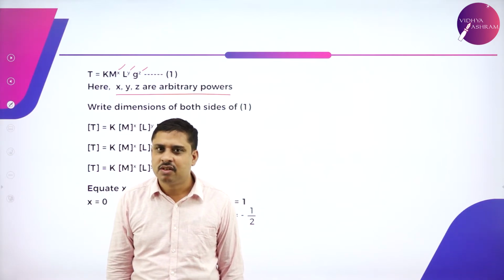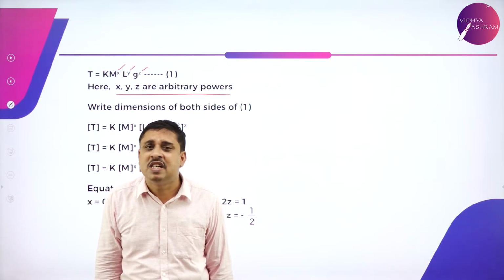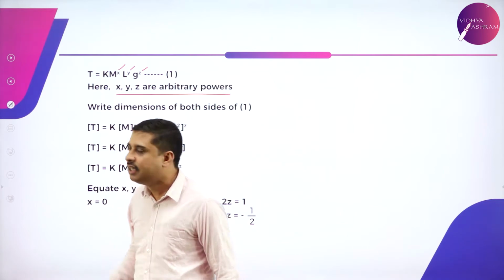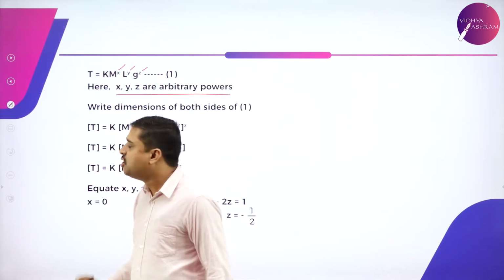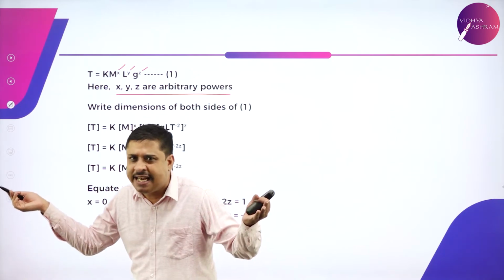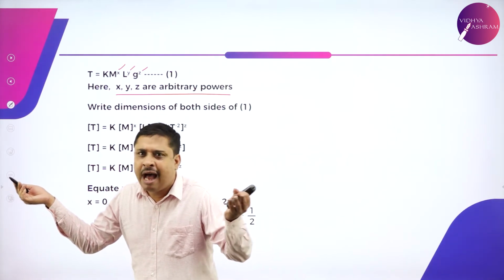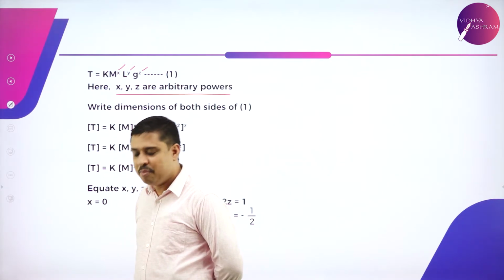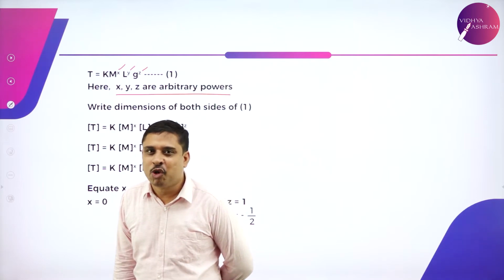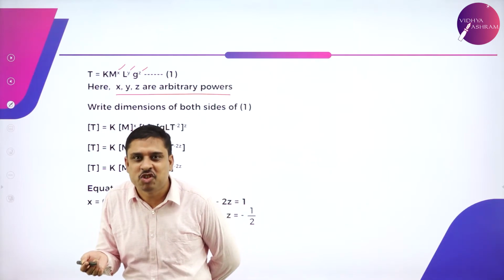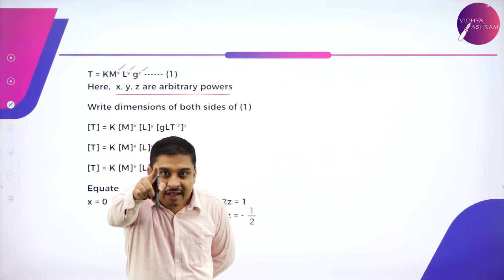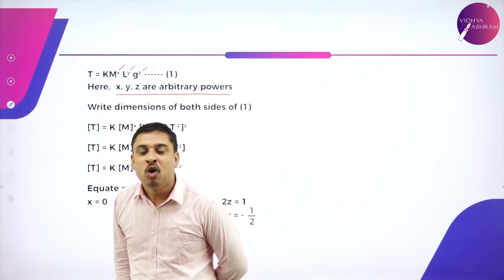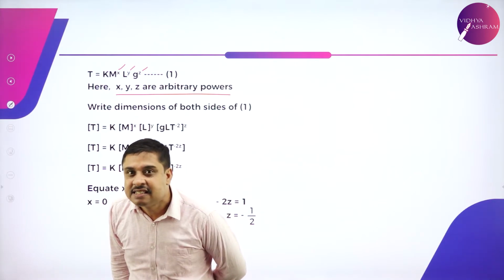My dear students, why did I use powers here? Why did I raise M to the power x, L to the power y, g to the power z? You can use any powers you want, random, arbitrary powers. But why powers? Because I told you, dimensions are nothing but powers to which fundamental quantities are raised.